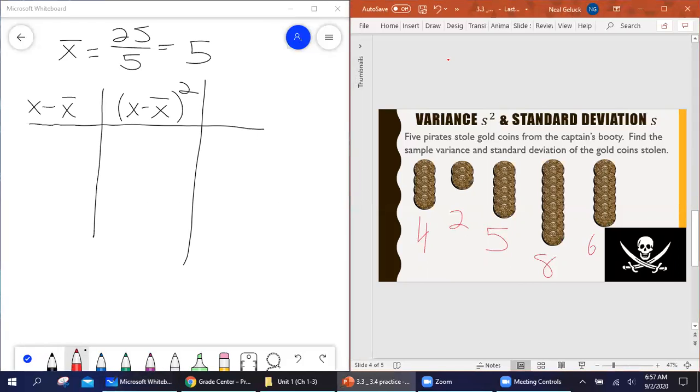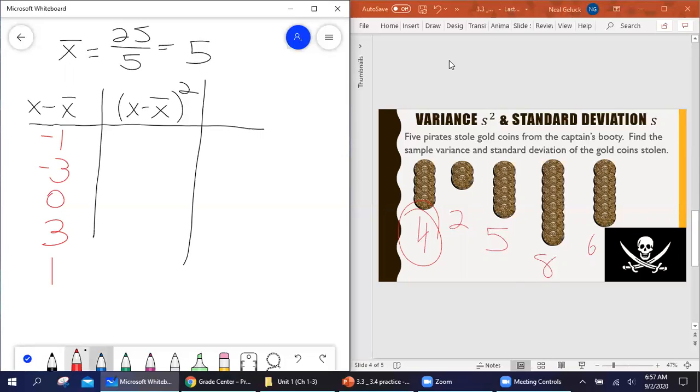So I'll start with 4 minus 5. So 4 minus 5 would be -1. 2 minus 5, I'm going to the next data value, would be -3. 5 minus 5, 0. 8 minus 5, 3. 6 minus 5, 1.